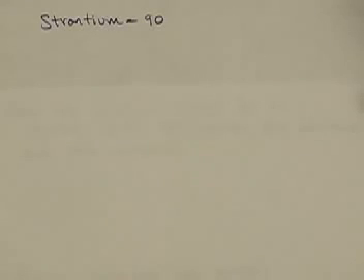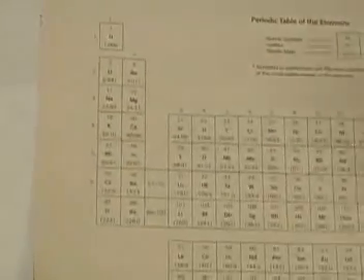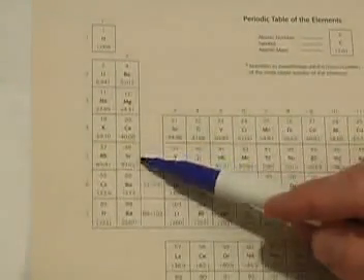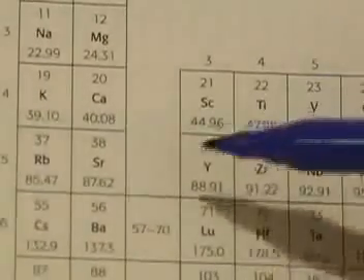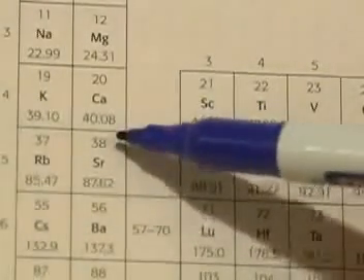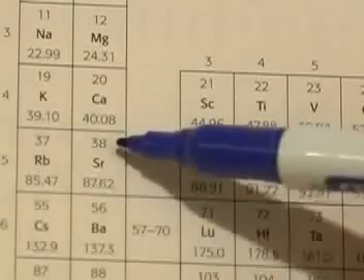Now, if they just give you this symbolism, the first thing you want to do is look on the periodic table and find the element strontium. Strontium is located in the lower left-hand corner of the periodic table, and if you zoom in on this, you can see that strontium has an atomic number of 38, meaning that it has 38 protons.